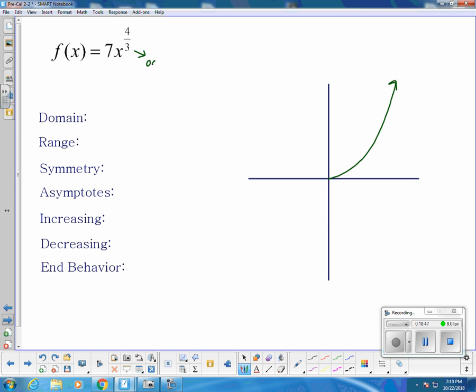The bottom is odd. That means it's an odd root. Am I allowed to take an odd root of a negative number? Yes, you can. You cannot take even roots, but you are allowed to take odd roots. So my left side exists. My top number tells me it's an even function.